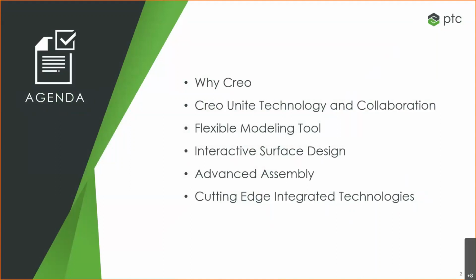And then interactive surface design, which is our module for highly surfaced geometry. And then advanced assembly, which is managing large assemblies, collaboration, and top-down design. And then our cutting-edge integrated technology. So just to comment on some of the other things that Creo has to offer, hopefully this will give you a good sense of what Creo is all about.